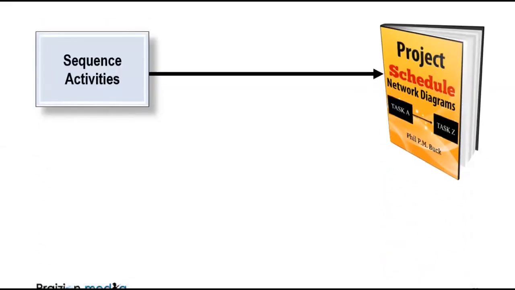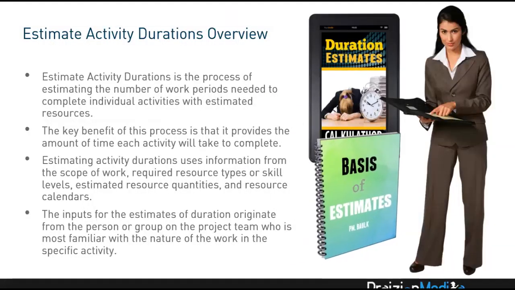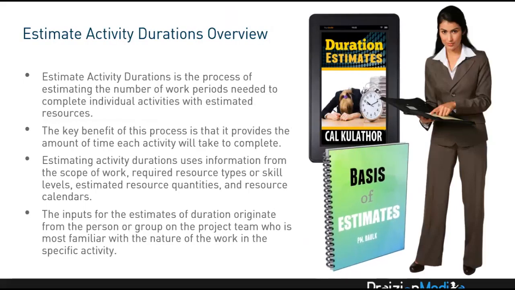Understanding that you have your project schedule network diagrams from sequence activities. Understanding that estimate activity durations will give you a basis of estimates, and it will also give you those duration estimates themselves is helpful.